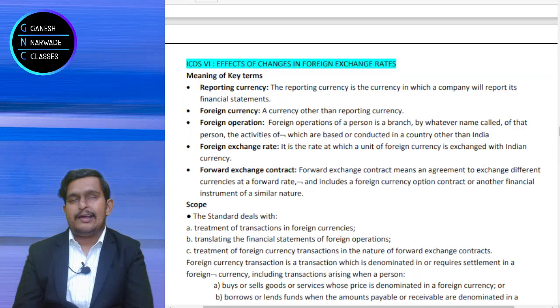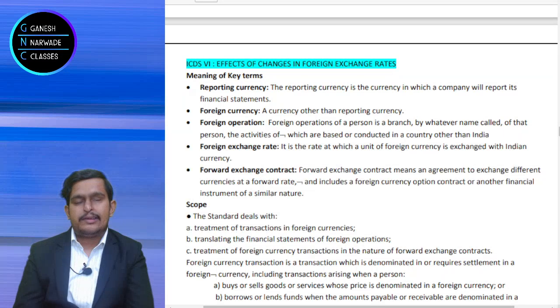The reporting currency is the currency in which your final accounts, financial statements are prepared. Suppose, for example, a company like Reliance Industries Limited, Tata, or the Birlas, Adani's, Walmart. All these organizations have to prepare the financial statements as per the Companies Act, obviously.